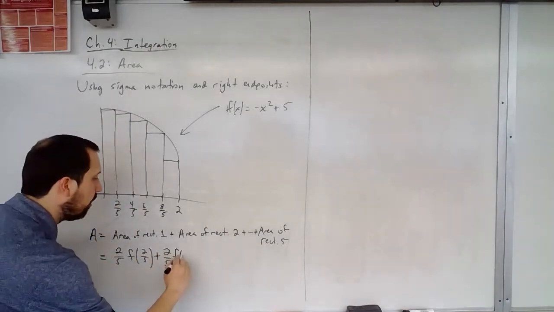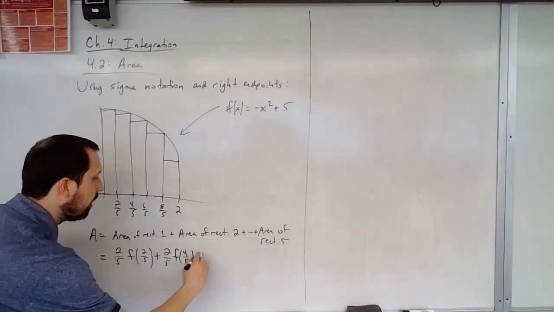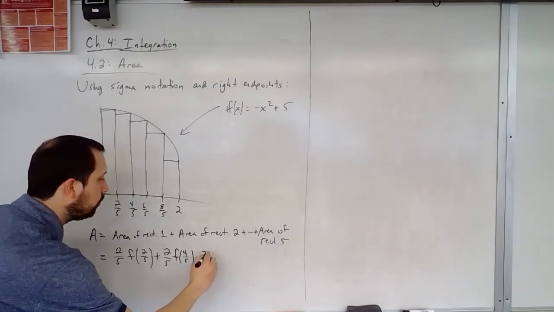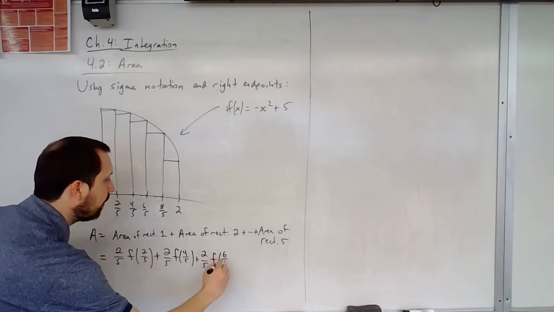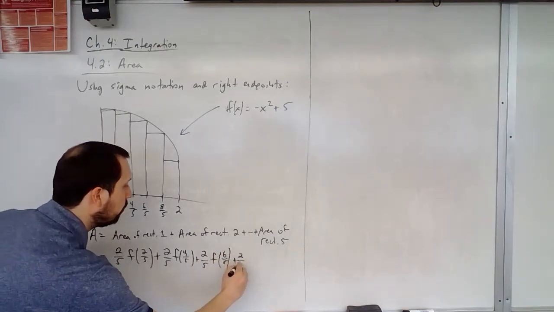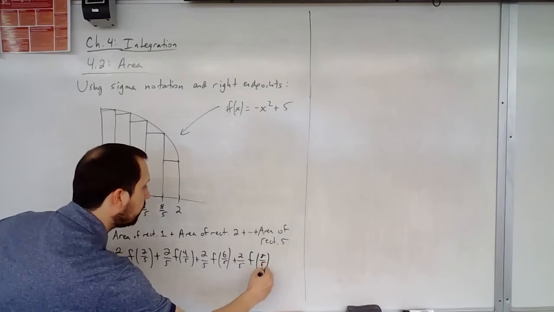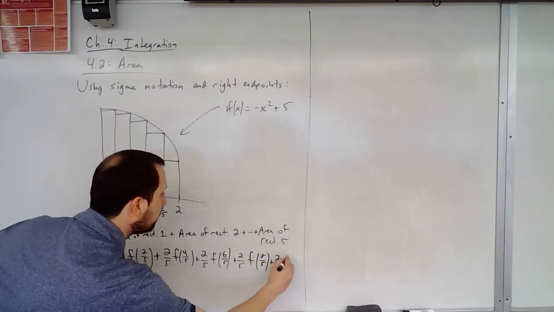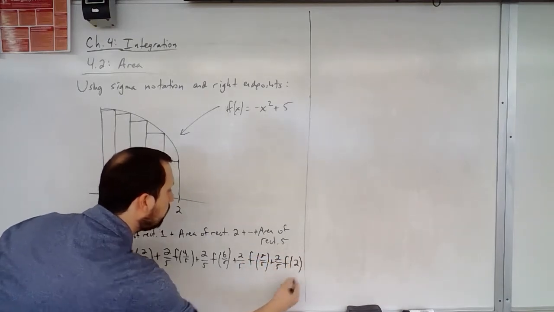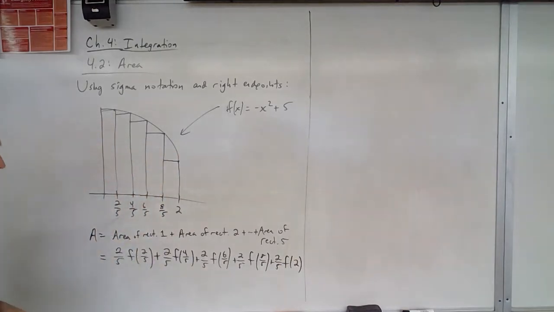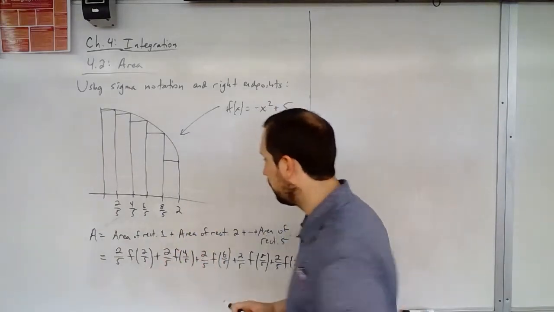So this is going to be f of 4/5. And then I'm going to add on plus 2/5 times f of 6/5 plus 2/5 times f of 8/5 plus 2/5 times f of 2. Or you can think about that as being 10/5. So this is my sum.